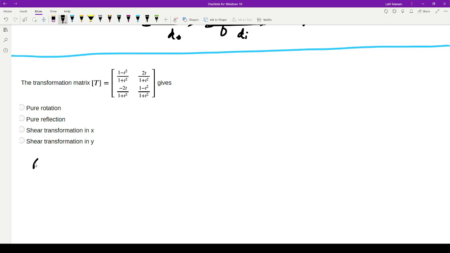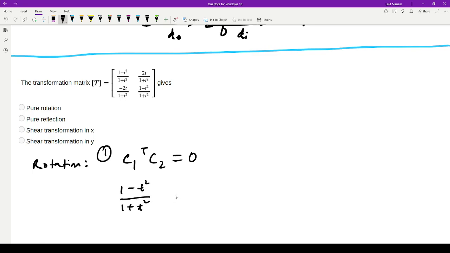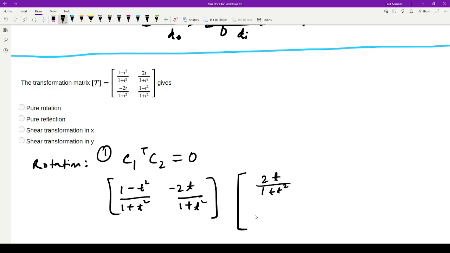So we'll move one by one then, as usual. What are the properties of a rotation matrix? We take the columns. The dot product will be 0. First we'll check this property. So what is the dot product out there? The first column is 1 minus t square upon 1 plus t square, minus 2t upon 1 plus t square. And what is the second column? 2t upon 1 plus t square, and 1 minus t square upon 1 plus t square.